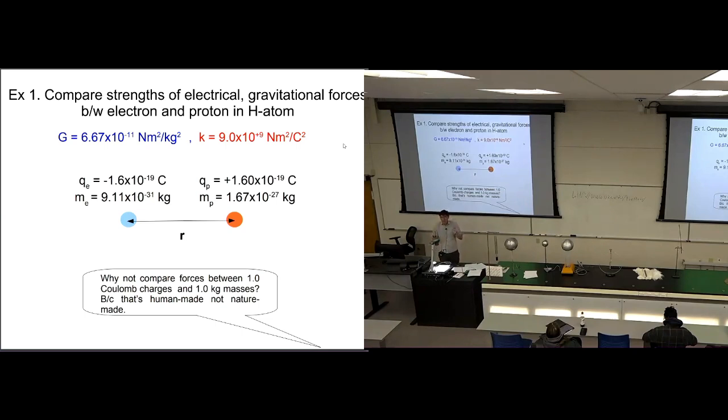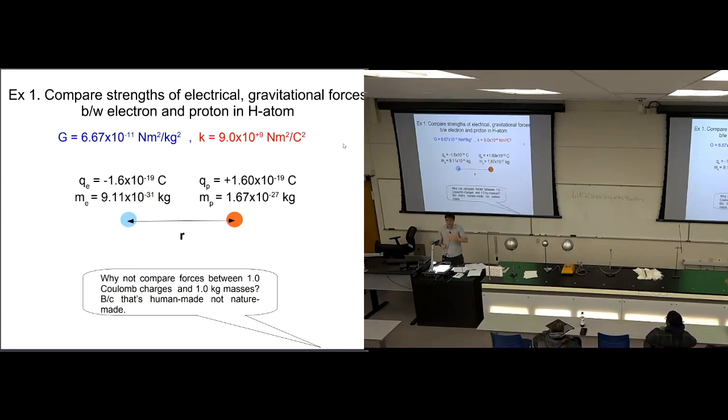The proton and electron have charges so that they experience an electrical interaction. The proton and the electron also have masses, so they experience a gravitational interaction. So we're going to compare the relative strength of the gravitational and electrical interactions between the proton and the electron. And this is one way we could compare, how much stronger is electricity than gravity?